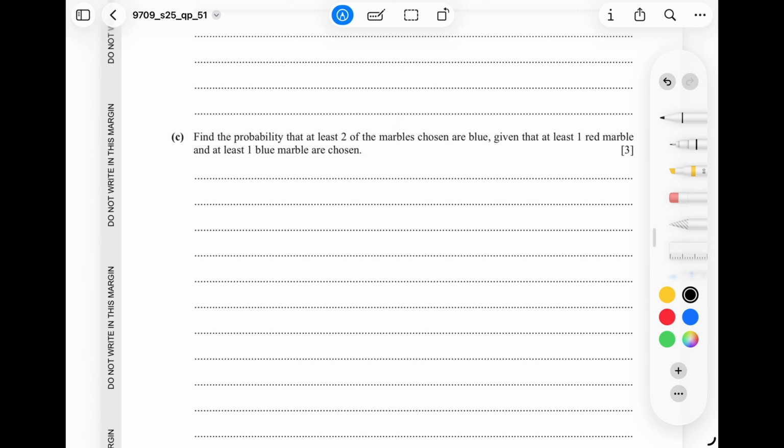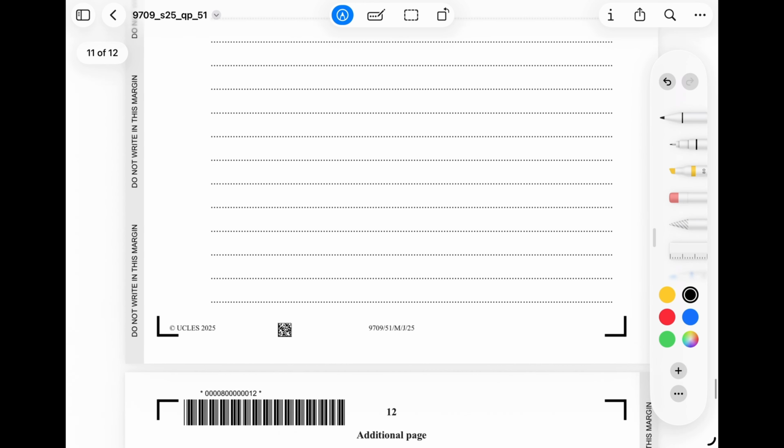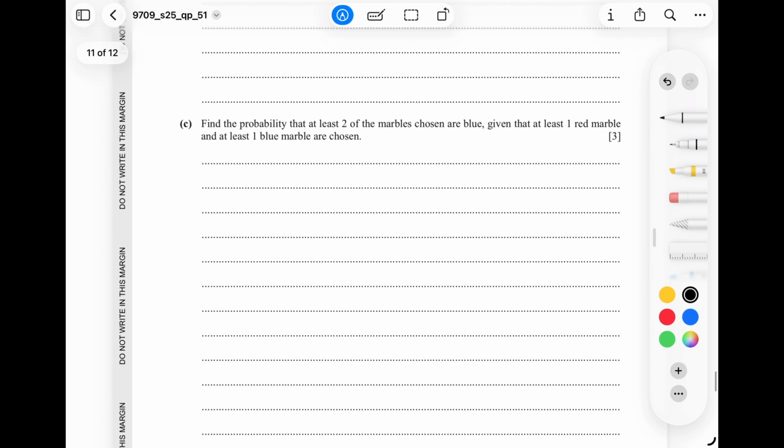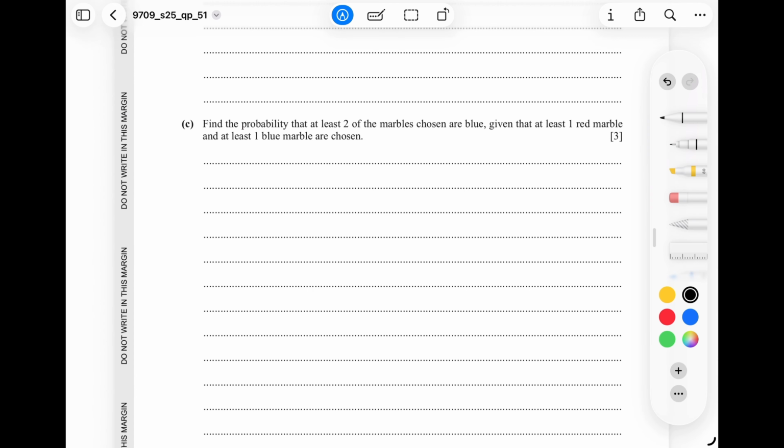Okay, last question of the paper, and then you're done. So find the probability that at least 2 of the marbles chosen are blue, given the conditional probability. You have to remember the conditional probability, which is P of B given A is equal to probability of A intersection B all over probability of A. So B given A, what's B?